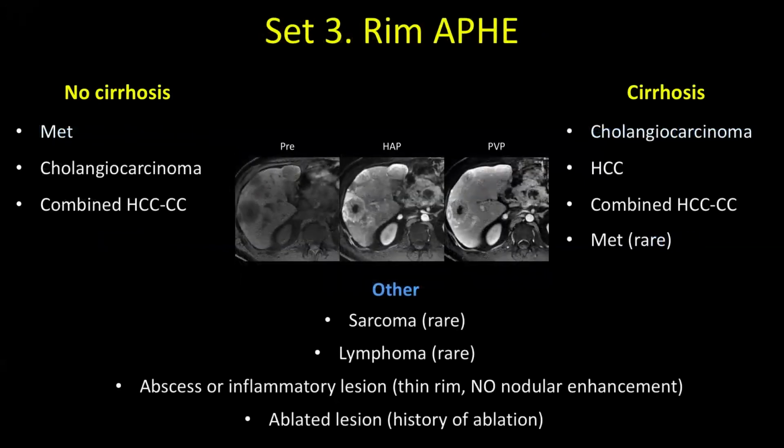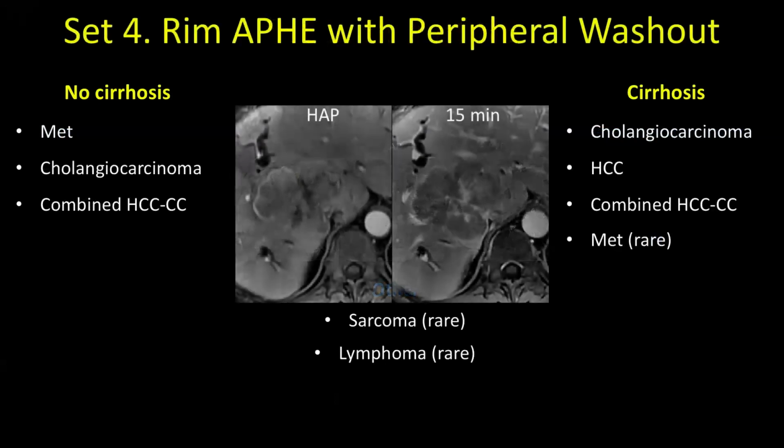Rim enhancing lesions are almost as bad. Cancer, cancer, cancer. Two exceptions: abscesses or inflammatory lesions, or ablated lesions. Rim APHE with peripheral washout eliminates the non-cancers, and we're just left with a potpourri of different cancers, and the only difference is sort of where they get ranked.